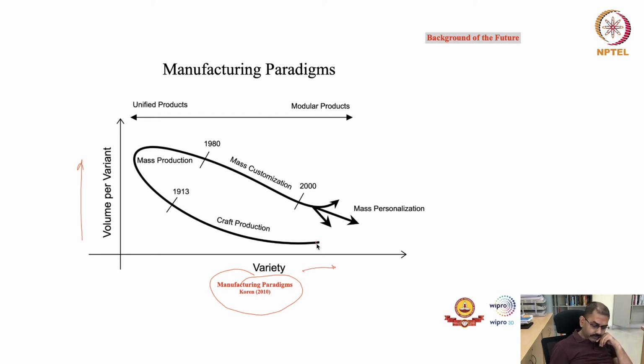When we had craft, the volume per variant was small, but the variety was high. When we go to mass production, because of economies of scale, the volume per variant was high, but the variety was low. When we go to mass customization, we are moving in this direction, right? And now we are in the era of mass personalization, where we want more and more personalized products, right?